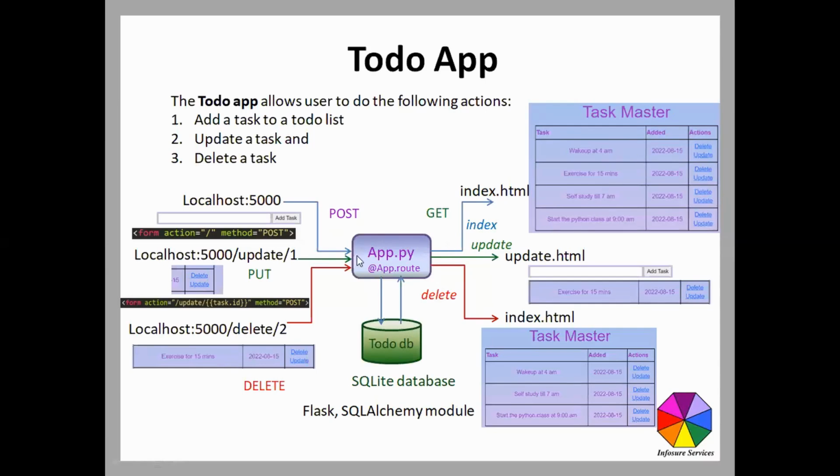And when you get the information back, it's a get operation. It goes back with the new task added. You could update a task with these two links, and you could delete a specific task. It will take away some task from your task list. So this is the schematic of the to-do app, which shows adding a task, updating and deleting a task.